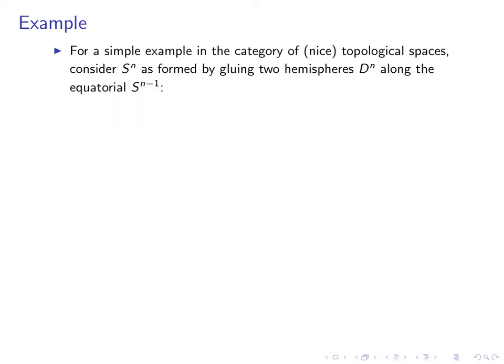And here's a simple example in the category of topological spaces. Consider the sphere Sn formed by gluing two hemispheres, Dn, along the equatorial Sn minus 1. So here's a Dn up here, a Dn down there, and then Sn minus 1 along the equator.